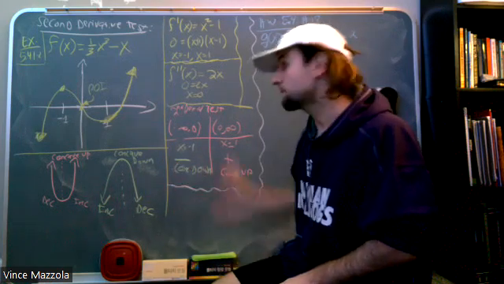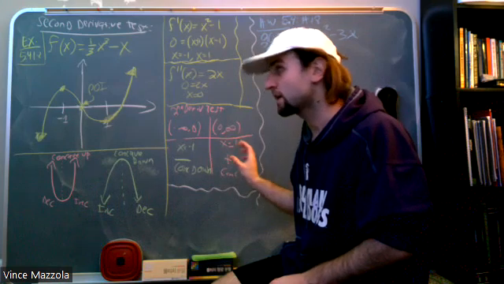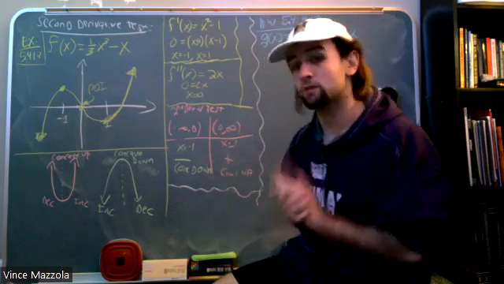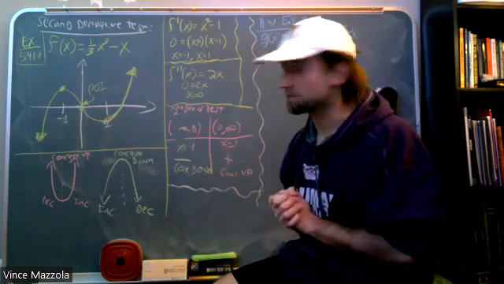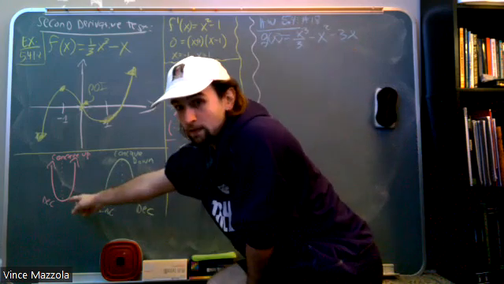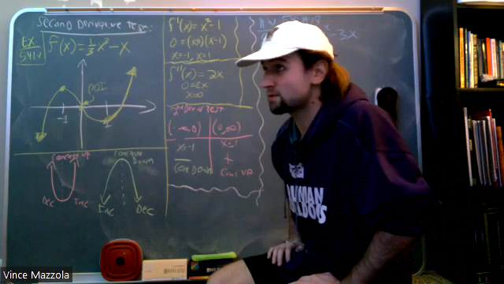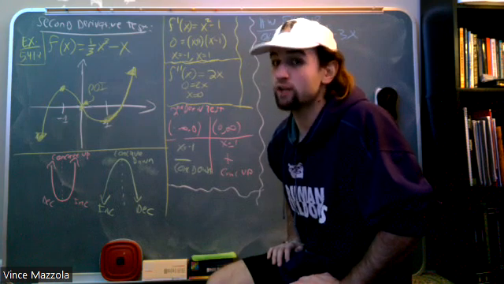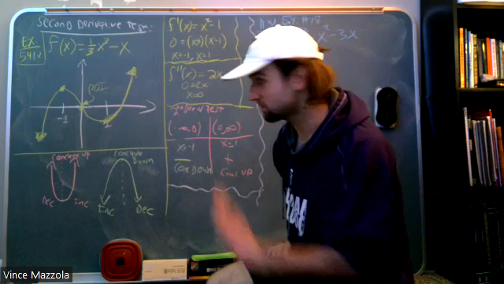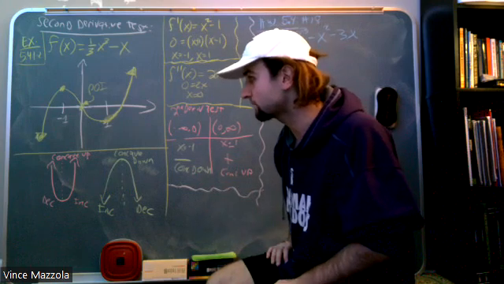Now, just because it's concave up or concave down doesn't mean your first derivative is going to be the same sign. Because first derivatives determine your slope, right? And slope is determined by reading left to right. So be very, very careful about reading left to right.